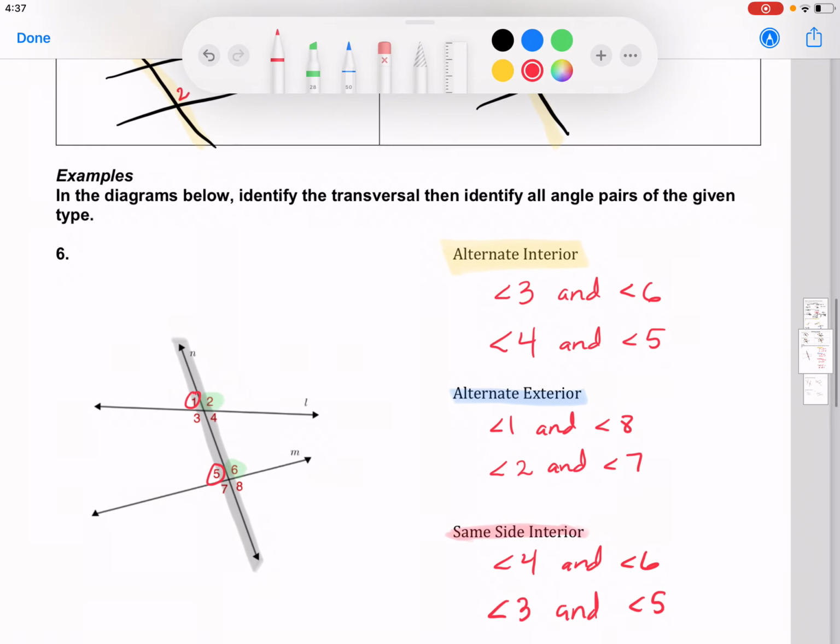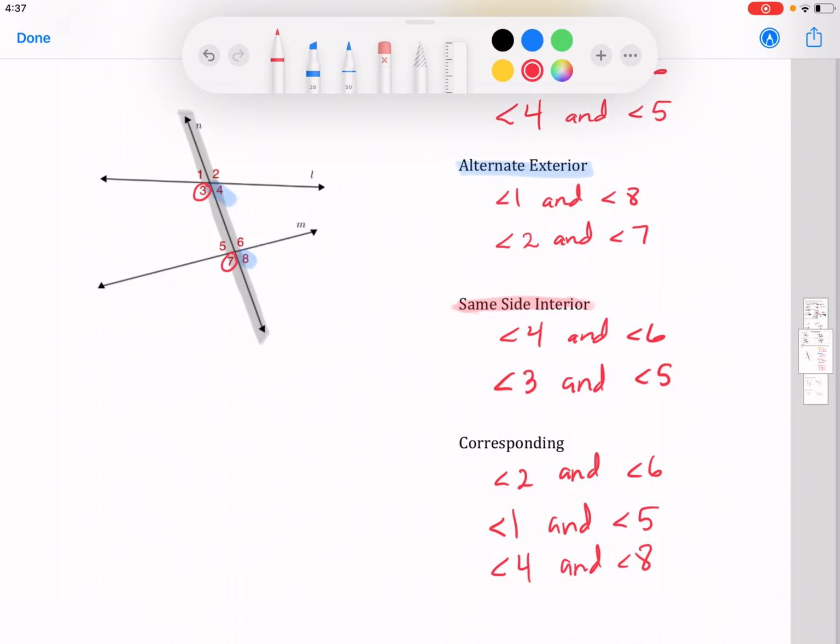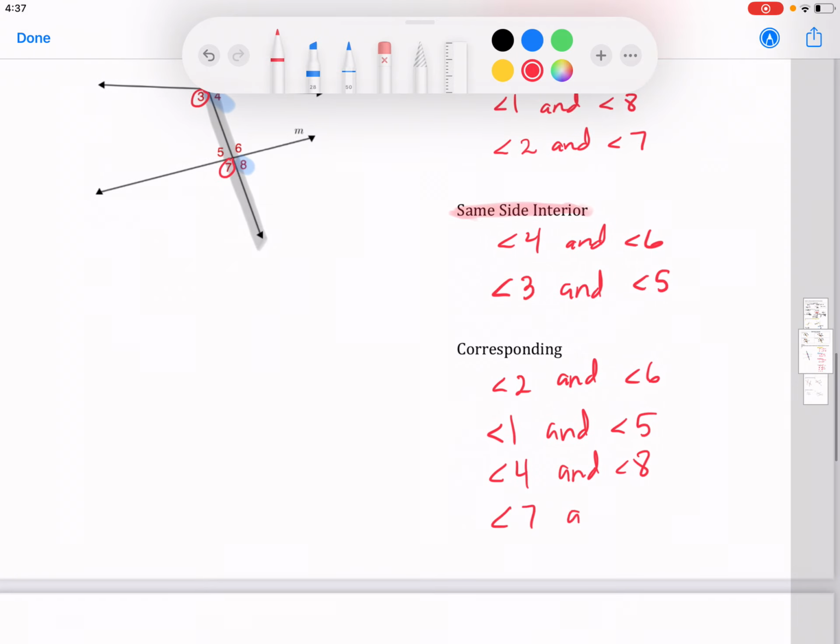Now there are more, because I just picked those ones right there. Let me erase those. Corresponding has a lot. So you could do 8, because that's on the outside, and 4, so 4 and 8. And then also 7 and 3. Angle 7 and angle 3. There you go.